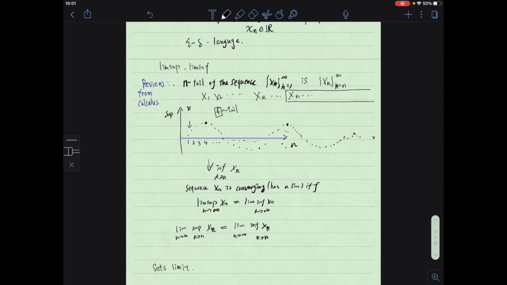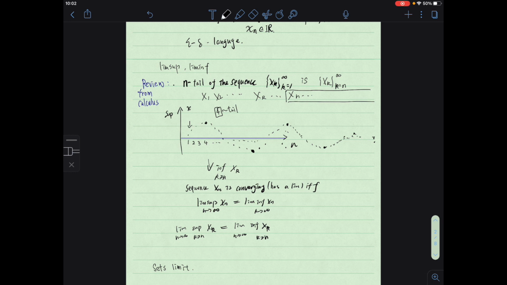And similarly, we also have a definition of infima, which is the minimum within the n tail. So as you can see, the minimum is also getting closer and closer to 0. So that's what we call a limit inferior.